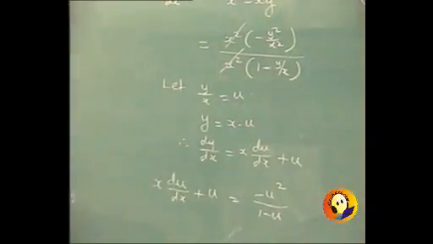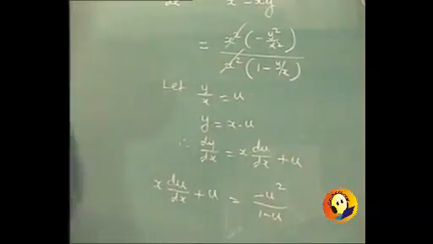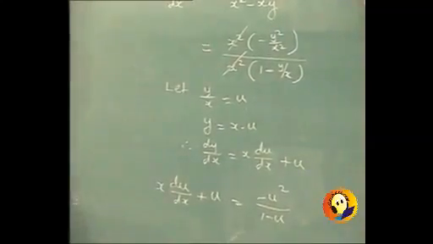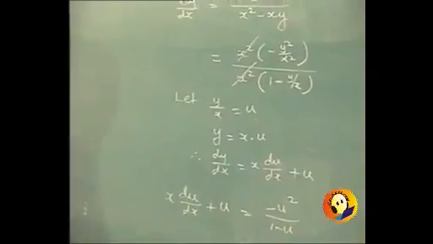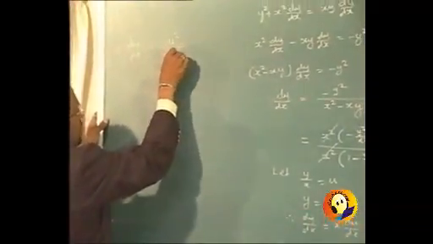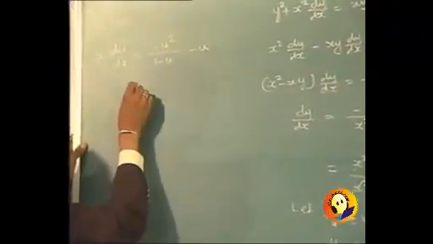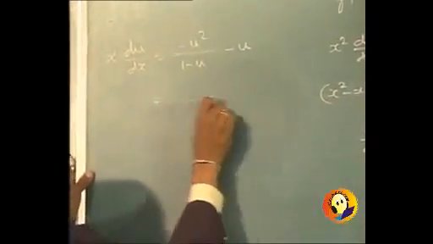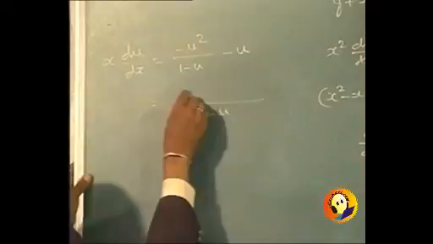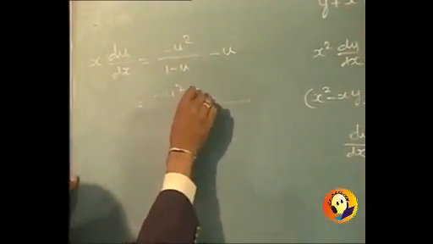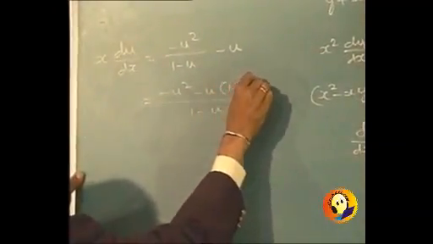Take u on the left hand side to the right hand side. So it will be x du by dx equal to minus u square upon 1 minus u, minus u. Taking the LCM, numerator is minus u square minus u into (1 minus u).